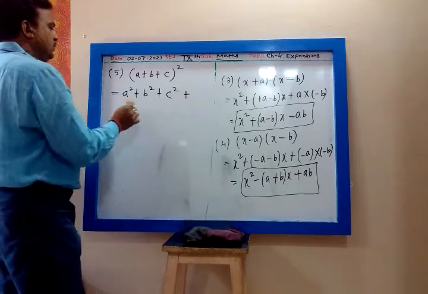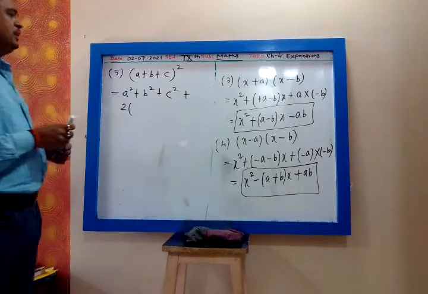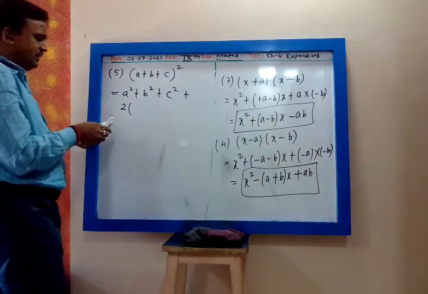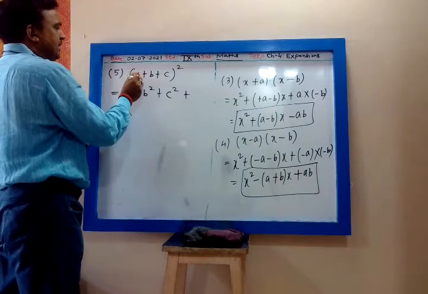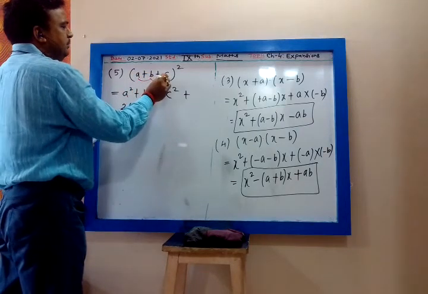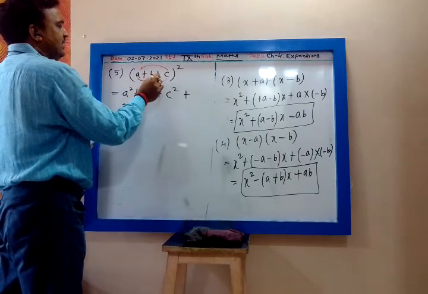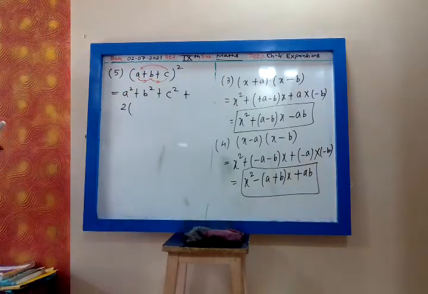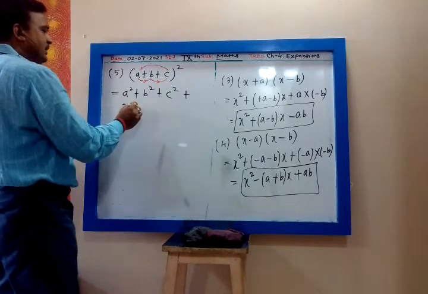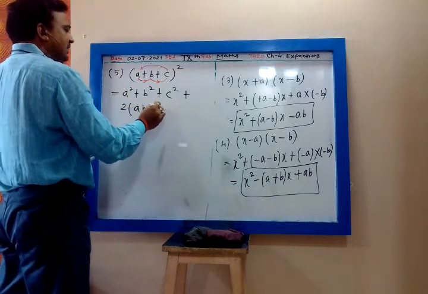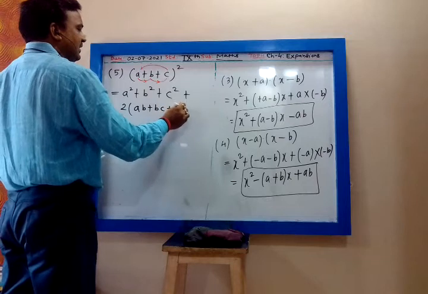Then plus 2 times you have to multiply the numbers with their signs: a into b, b into c and c into a. Is it clear? In this way you have to multiply two numbers together. So that will be ab plus bc plus ca. And this is the formula.